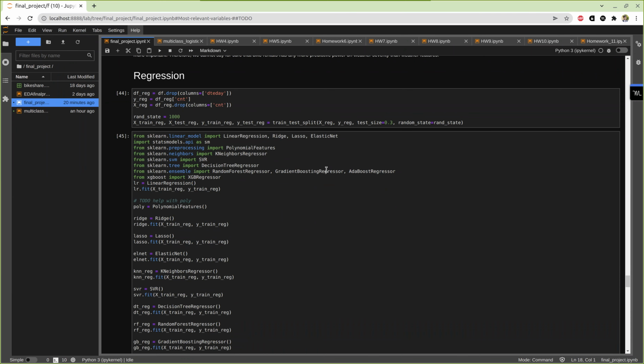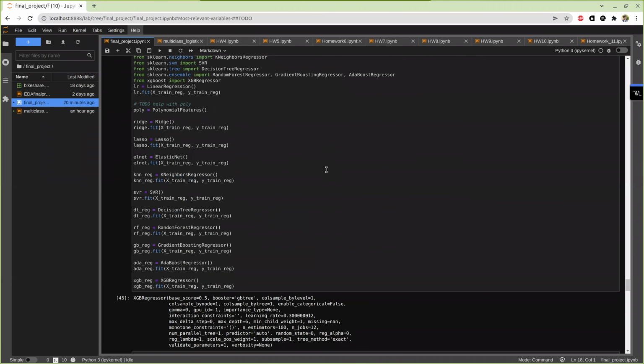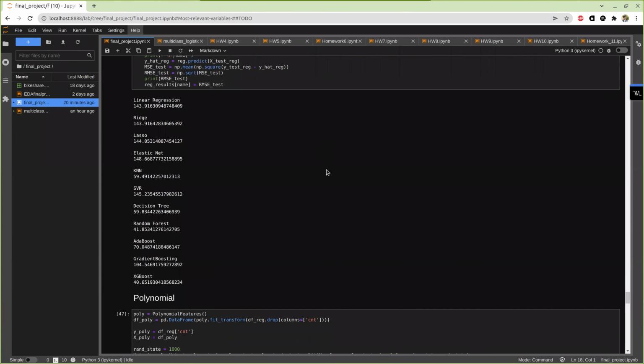Yes, so with the regression, the same situation, we decided to split the data into a 70-30 split. Again, if you'd like to see the implementation, we basically just trained the models and then again compared the RMSE across the models. You can see a little more itemized there.